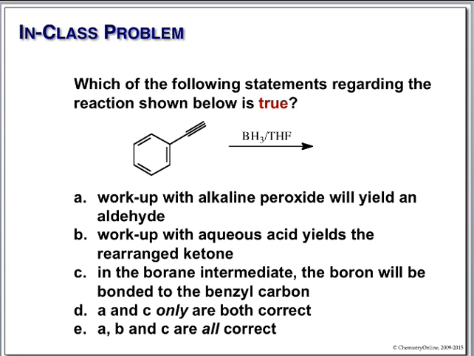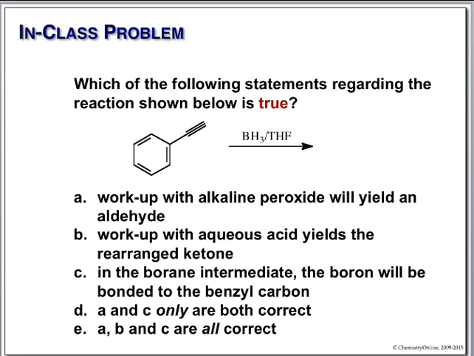Work up with aqueous acid yields the rearranged ketone. With lots of things wrong with that. First of all, we don't ever get rearrangements. Secondly, it's anti-Markovnikov, so there's no ketone. And third, if you took the intermediate here and dumped in aqueous acid, you actually get reduction, or addition, not to give an alcohol, but you get an alkane.